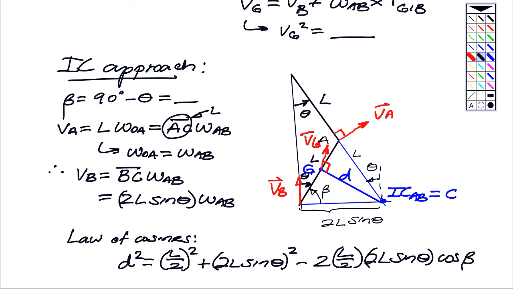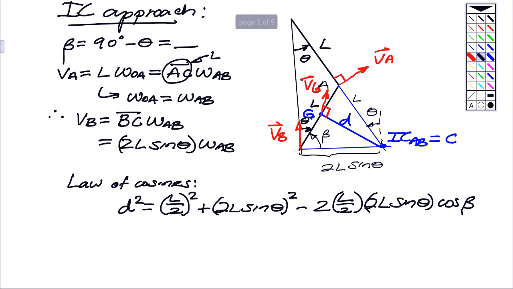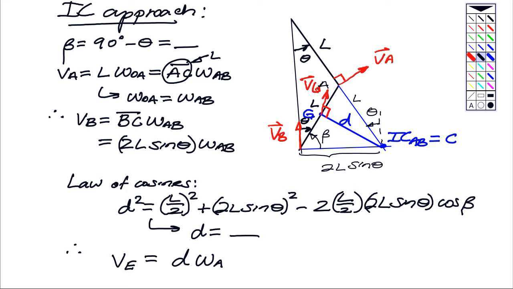So there's that. From this, I have the numbers it takes to find D, and therefore I say that the speed of G, which I need in my kinetic energy expression, is equal to D times omega AB.